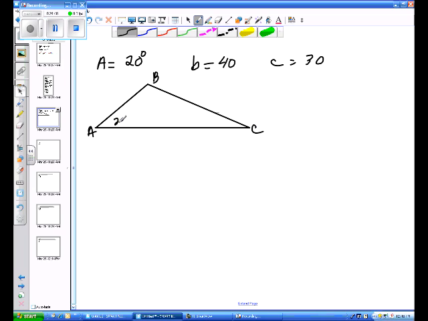A is 20, B is 40, and that should be A, not C. I need a side opposite. So this is angle or side A. So we have two sides and an opposite angle. So this we will use then our law of sines, and we know it's the ambiguous case. So the sine of 20 is to 30 as the sine of B is to 40.